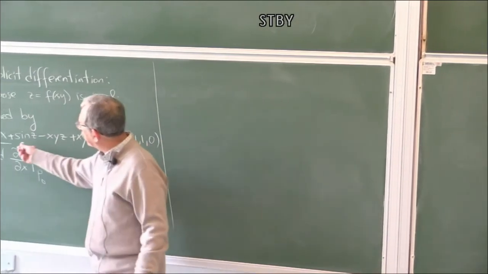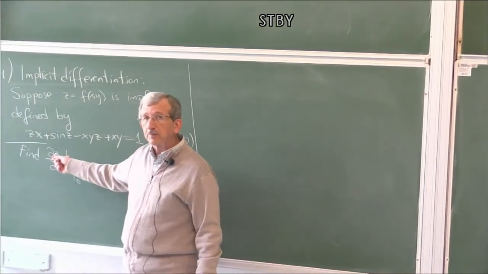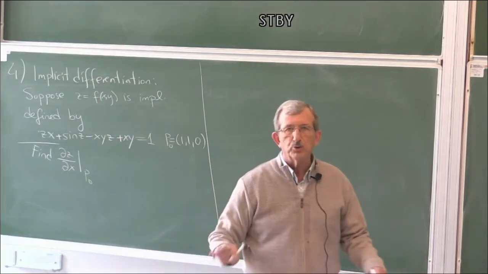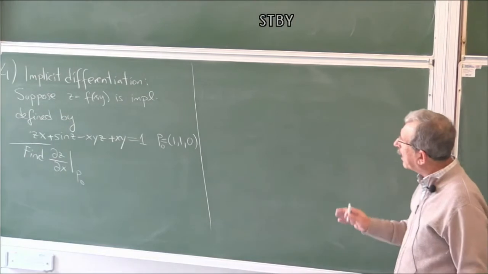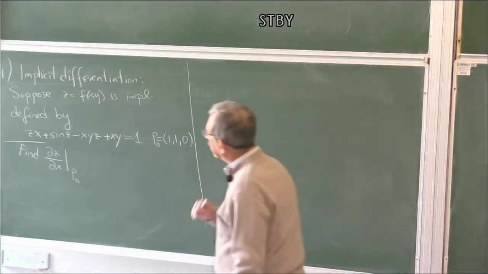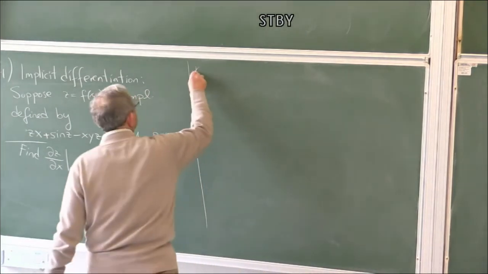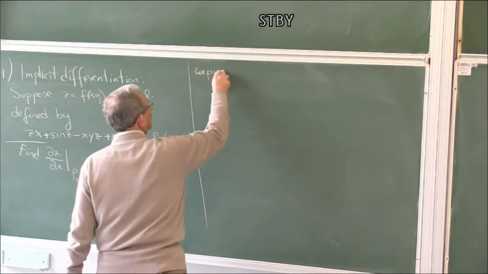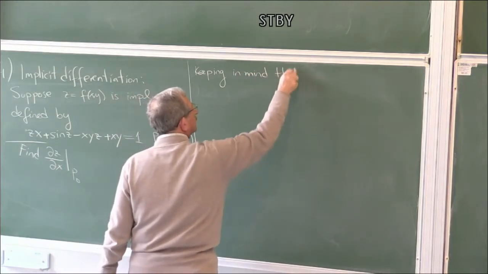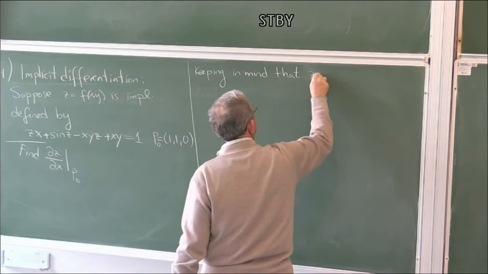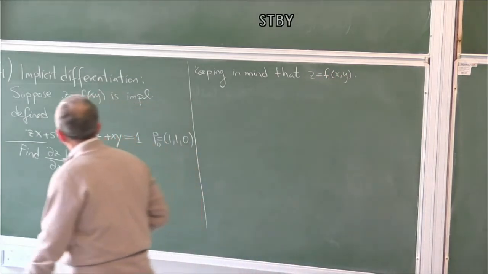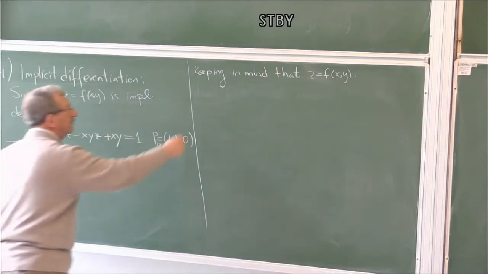If we solve z from here, which we cannot explicitly, we will get a function that is assumed. The problem is to find the derivatives of z. Well, in doing this, we keep in mind that z is a function of xy. So let us start differentiating.